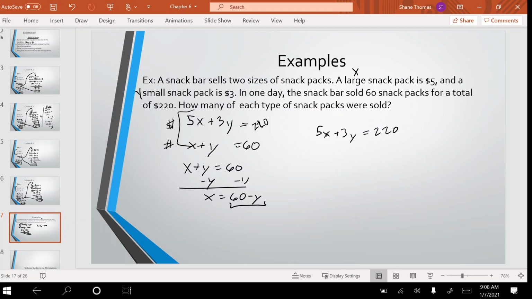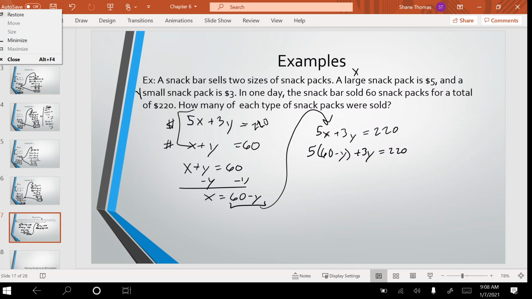Am I plugging this in for x or y? Correct. It's going in for x. So I have 5 times (60 minus y) plus 3y equals 220. So what's 5 times 60? 300 minus 5y plus 3y.